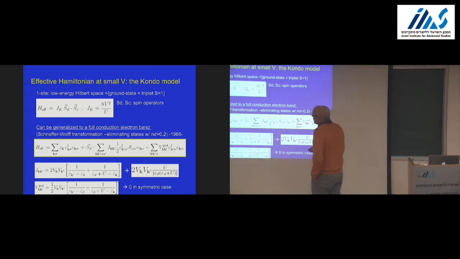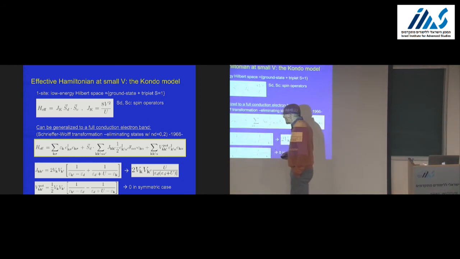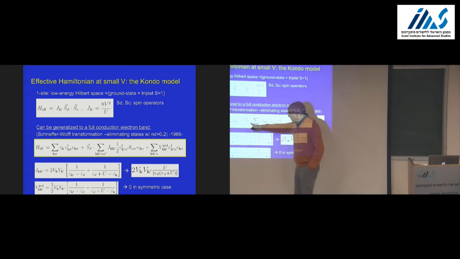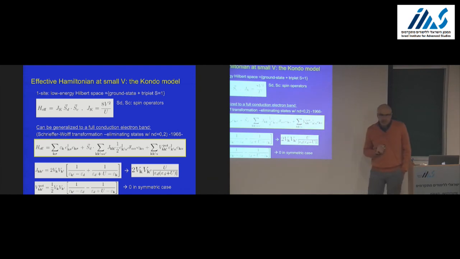And what you end up with is an effective Hamiltonian, which is essentially the following. It contains my conduction electron reservoirs, and it contains a super exchange coupling between the spin on the dot and the conduction electron spin density at the impurity site.